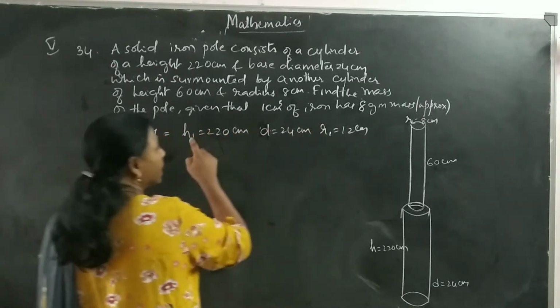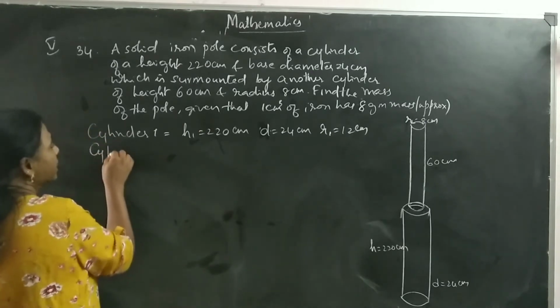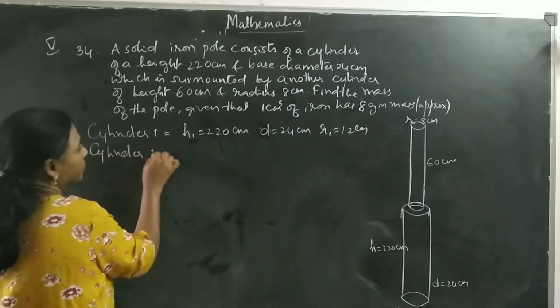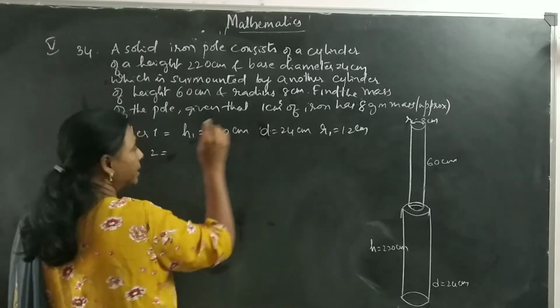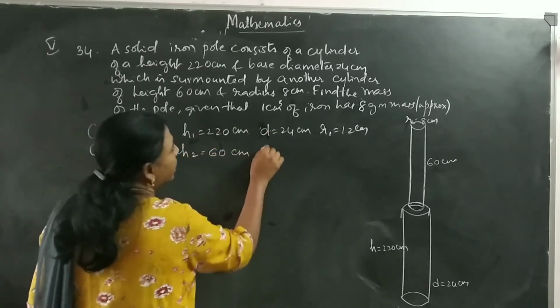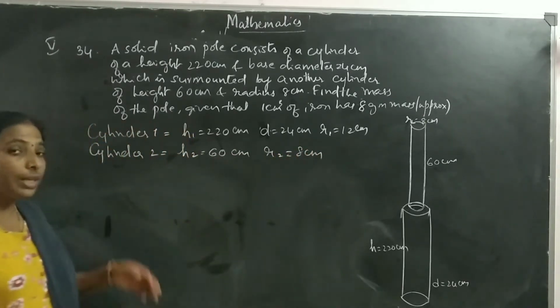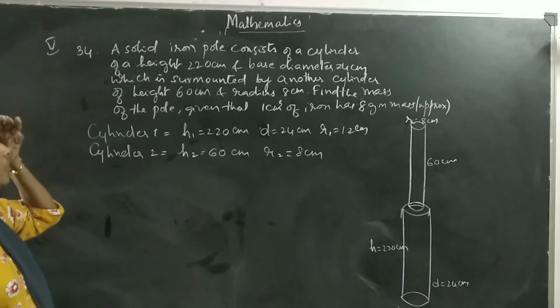Let us take it as H1 and R1. Cylinder 2: height is given and radius is given. Height 2 is 60 cm and radius is given as 8 cm.